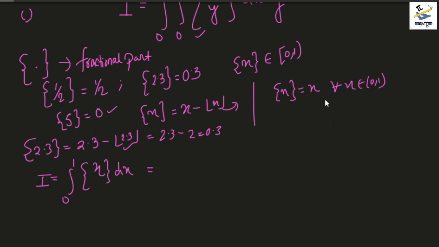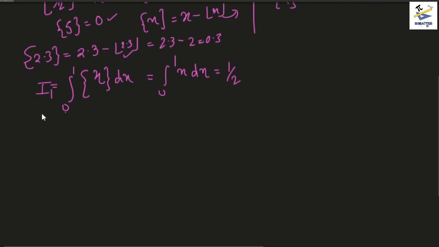It's always less than 1. So inside it always becomes x itself. So when the limit is 0 to 1 and you have the fractional part of x, what you get is the integral from 0 to 1 of x dx, which is basically 1 by 2.